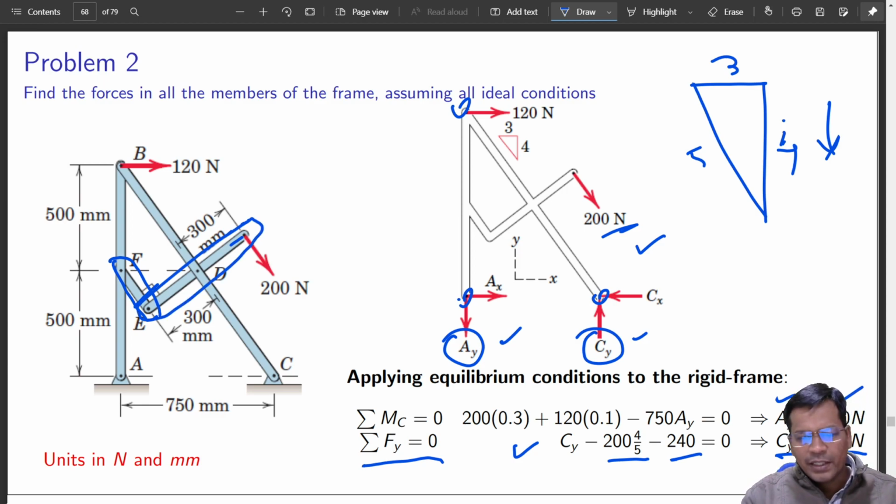Naturally it existed like this, and that is probably why it is a pin joint, and it is a non collapsible system. If I remove this, no, if it is a pin joint here, you can take it like this. If it is not a pin joint, the system is unstable.